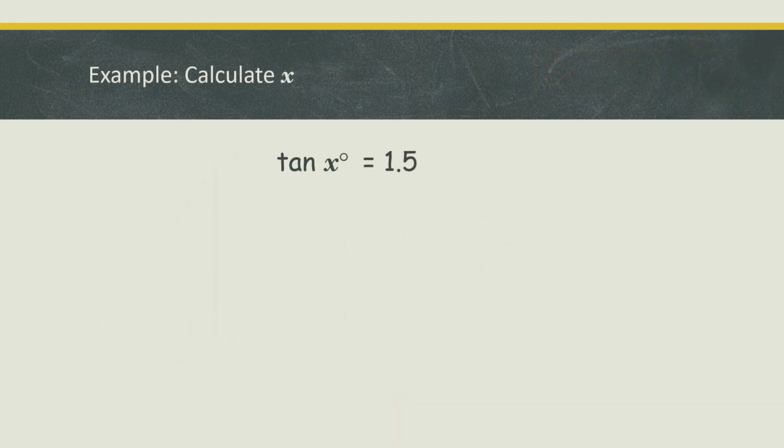So from the previous slide, we know that tan x, our tan ratio, is 1.5. So to calculate the angle, we're going to press the shift button on our calculators, and then the tan button, so that will give us the arctan or the inverse tan button, which is the button that we need for calculating missing angles. Then we're going to enter 1.5, or you can use your fraction button to enter 3 over 2.